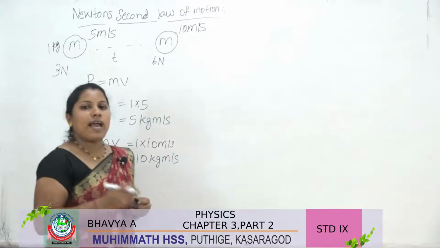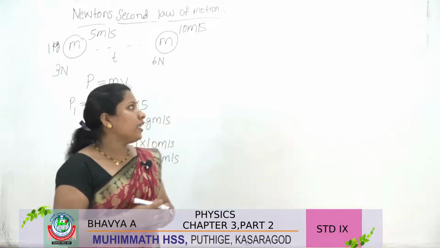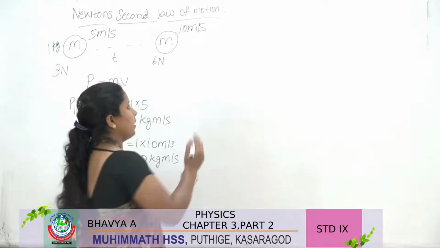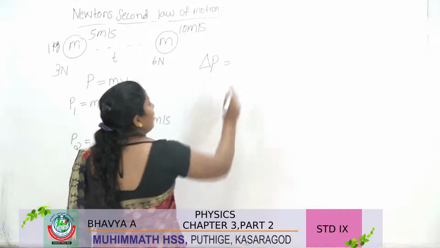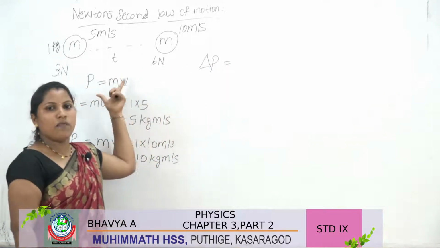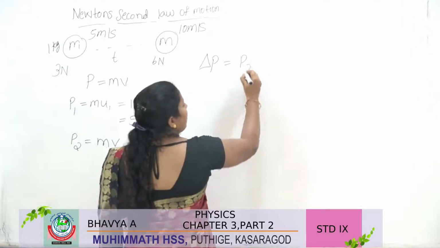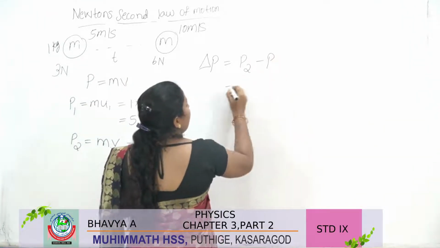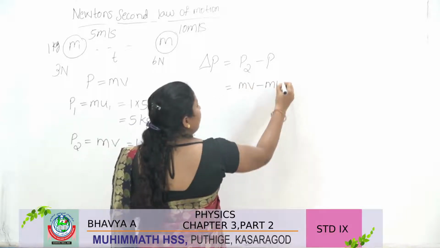How do you calculate the change of momentum? We write delta P, the momentum of the second body minus the momentum of the first: P2 minus P1, which means mv minus mu.